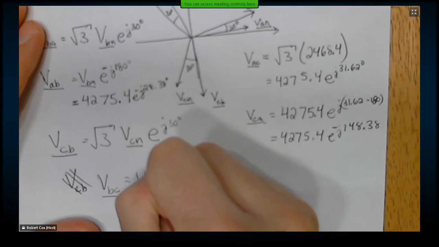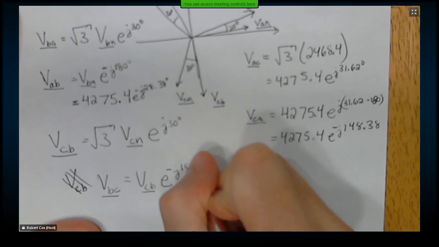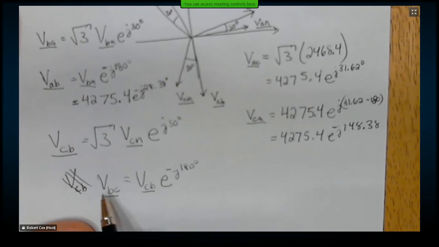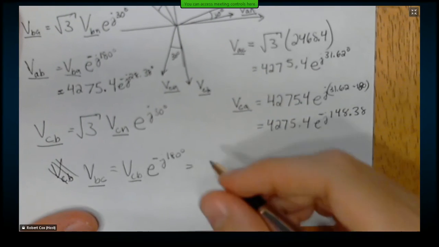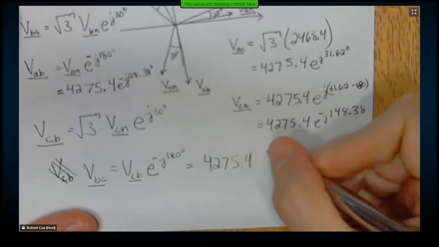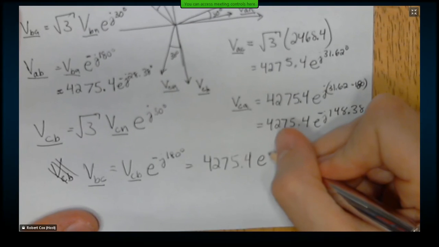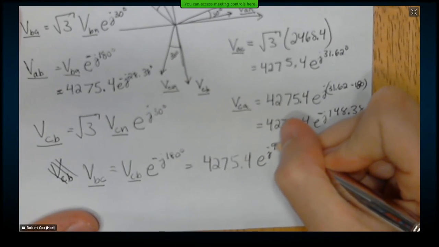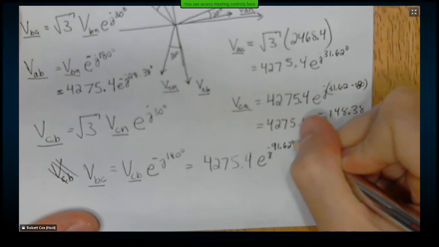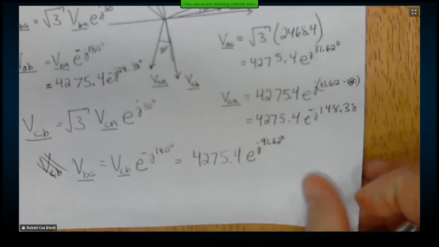VBC is VCB, what I found here, and I subtract 180 degrees, since it's BC instead of CB. Going through that process, I find the same magnitude, 4275.4, and my angle for VBC is going to be 91.62 degrees. All right, that's part B.